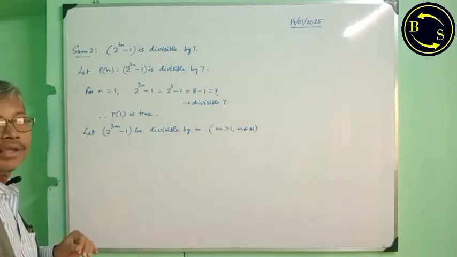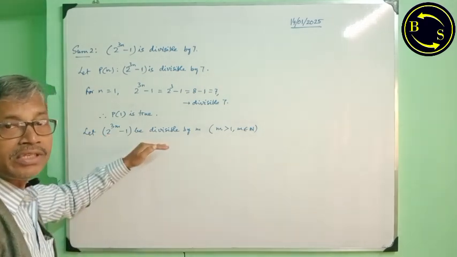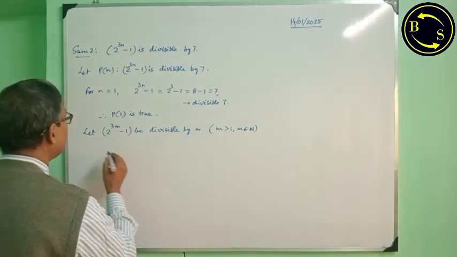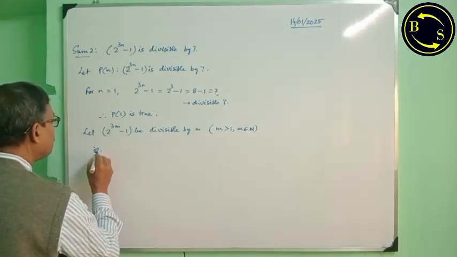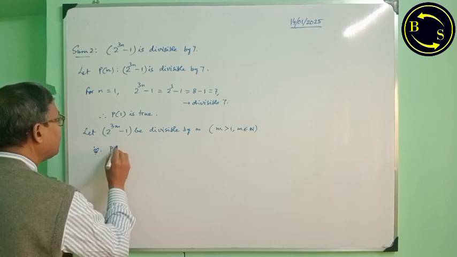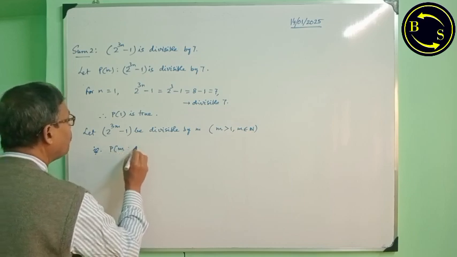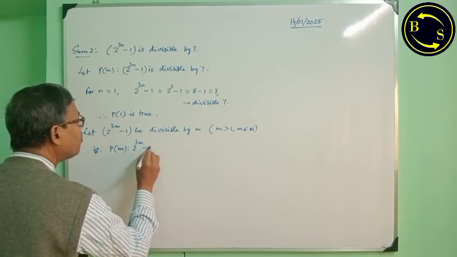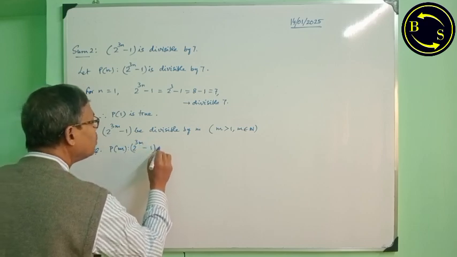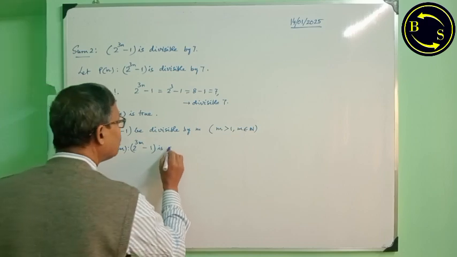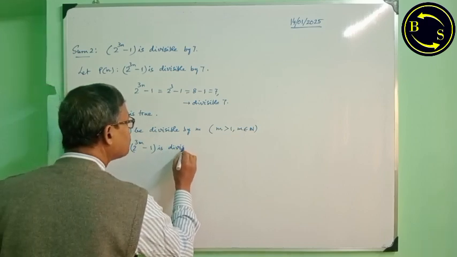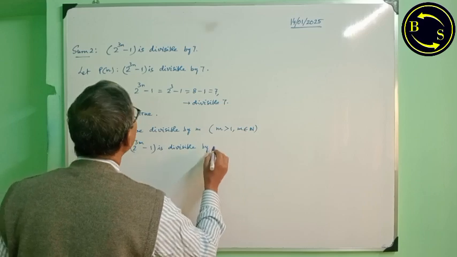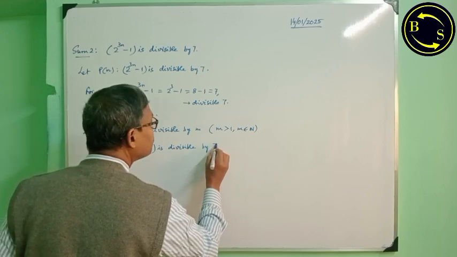Now, first part, this is the inductive step. We are to show that Pm, 2 to the power 3n minus 1 is divisible by 7.